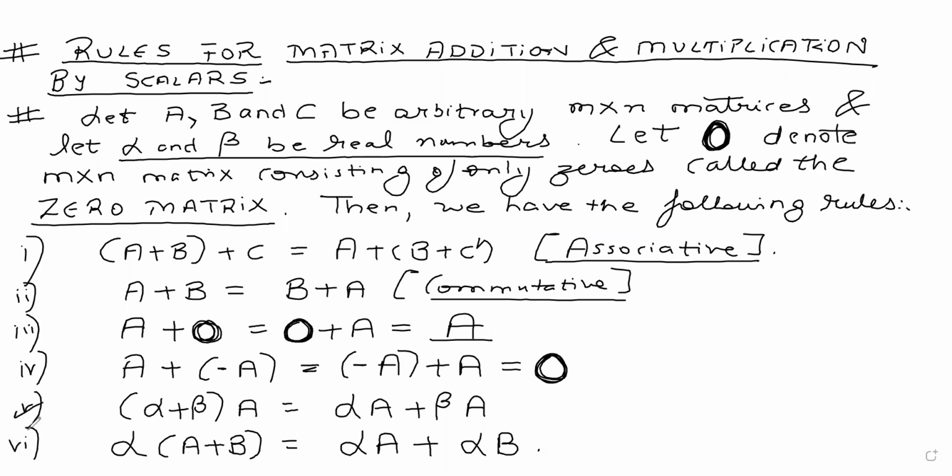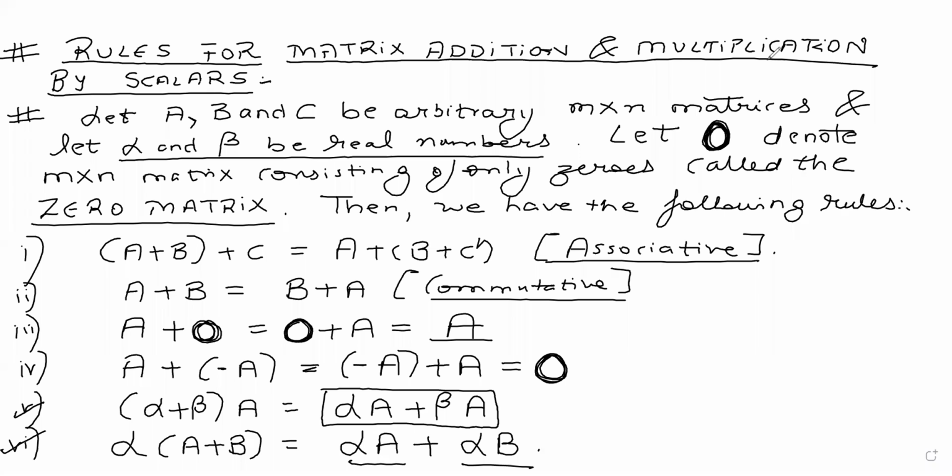And the fifth and the sixth rules are that if you multiply alpha plus beta with the matrix A, where alpha and beta are real numbers, you will get alpha A plus beta A. So it's distributive. And alpha times the sum of two matrices will be alpha A plus alpha B. So hoping students have understood this.